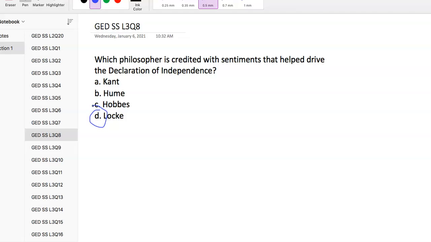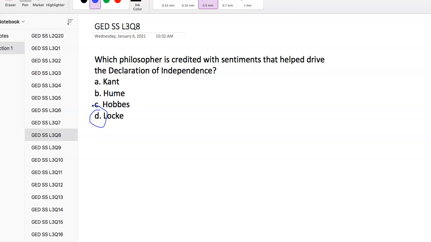When you're thinking philosophers, writers that helped influence Declaration of Independence, if you see John Locke, that's going to be the answer. Locke believed that people are born with certain natural rights, such as life, liberty, and property, right? You can find that right in the Declaration of Independence. That's John Locke's concept first. Locke embodied the principles of enlightenment and was a clear influence on the Founding Fathers, the Declaration of Independence.